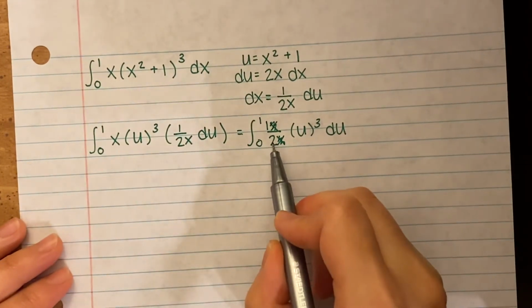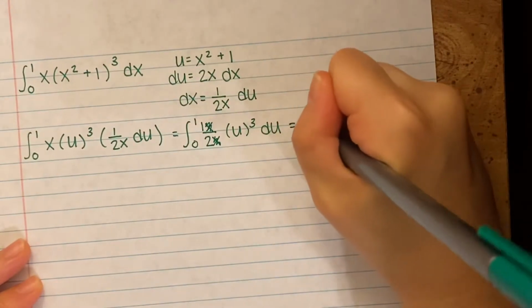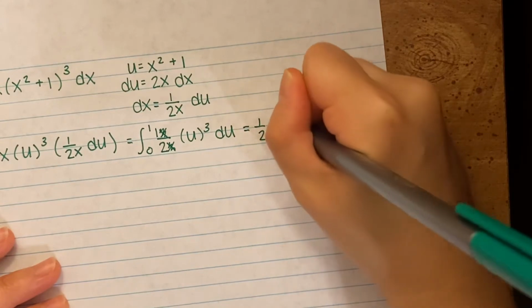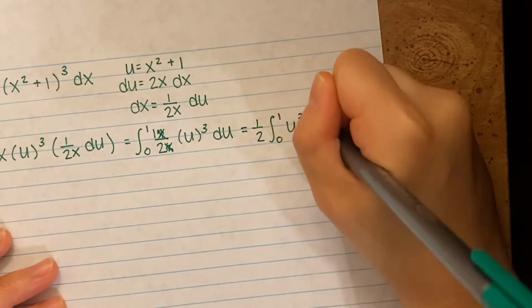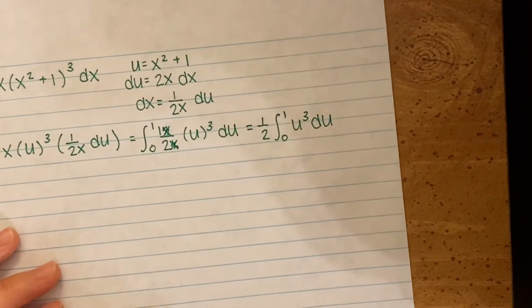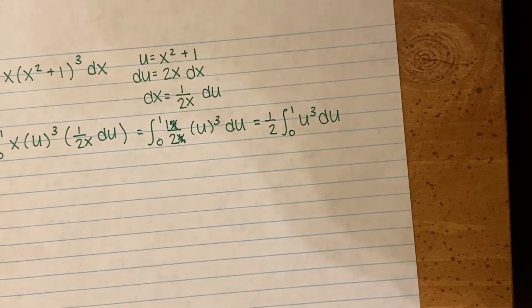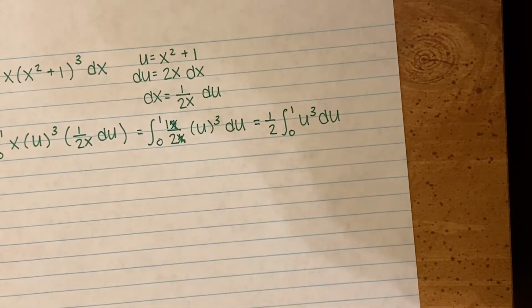So now since I have a 1/2 here, I can factor that out in front of the integral. So I have 1/2 in the front times my integral from 0 to 1 of u to the third power du. Okay, and from here I can find what my integral is.